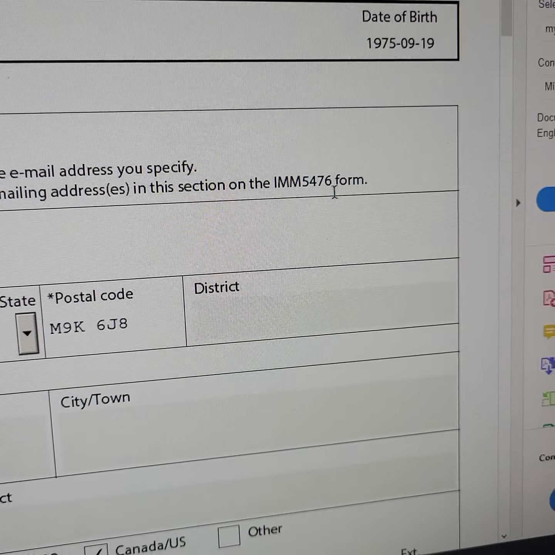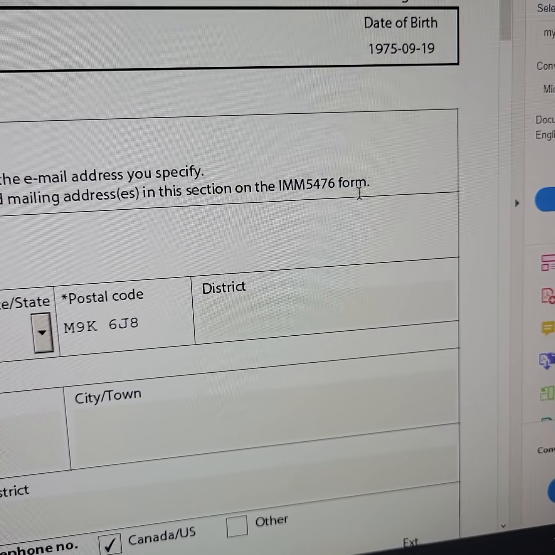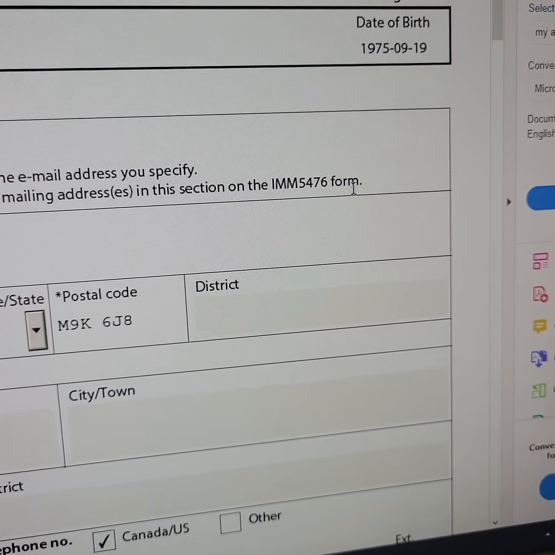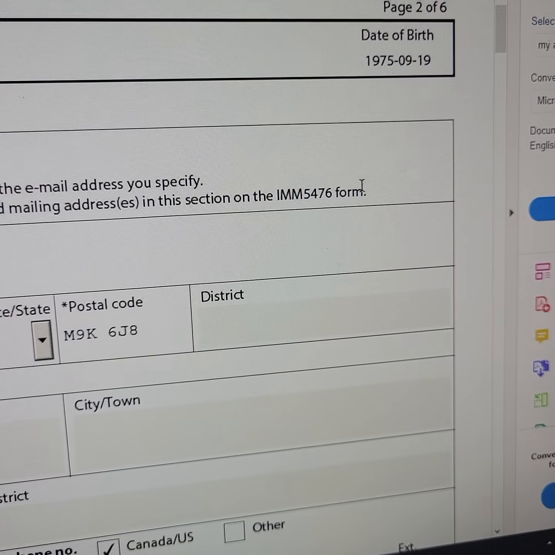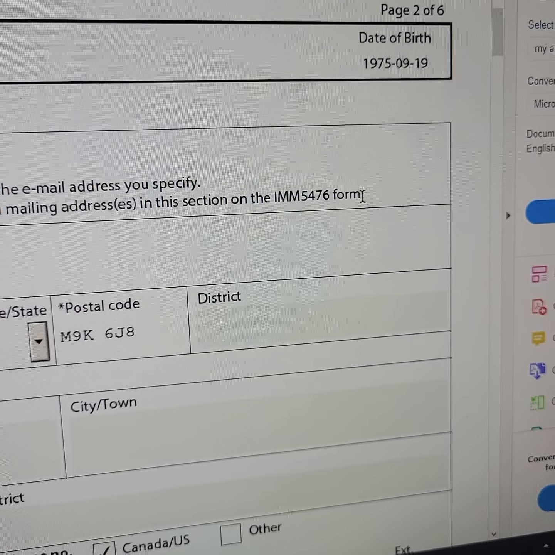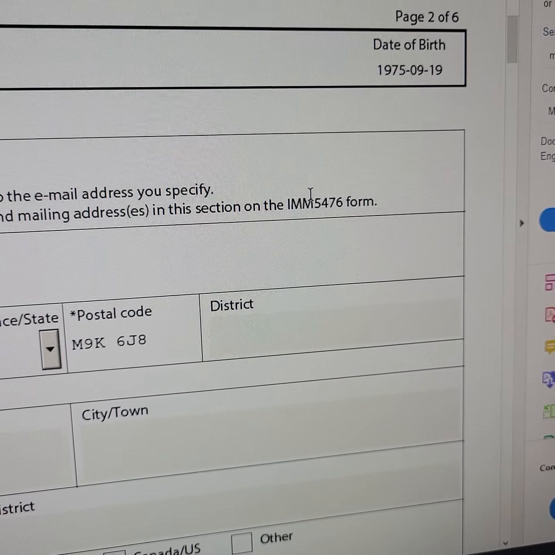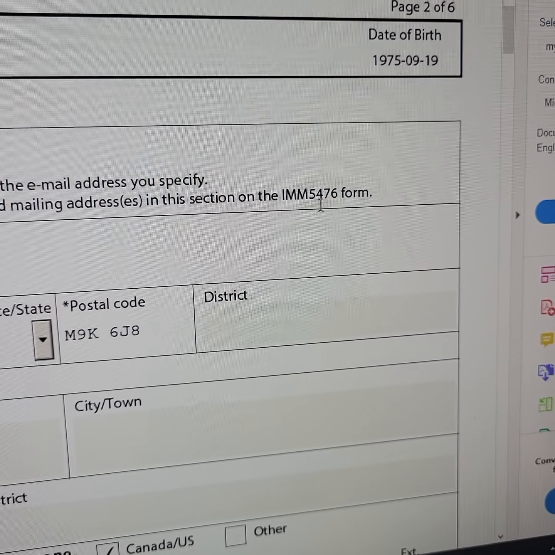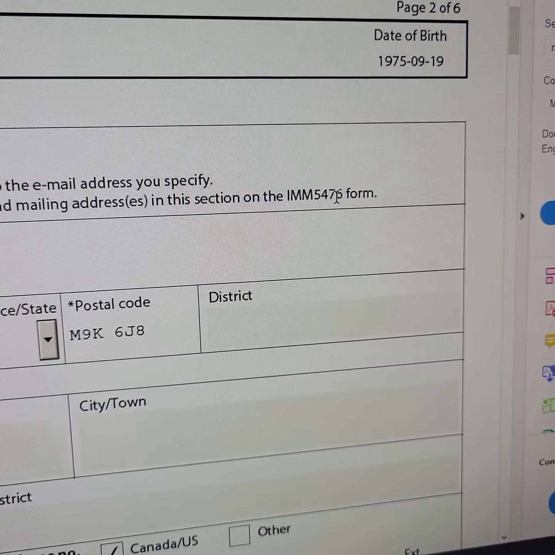Now, the IMM5476 form is filled out by the principal applicant, okay? Because they're the one who needs to have their information given to someone, either themselves or the representative or the sponsor.